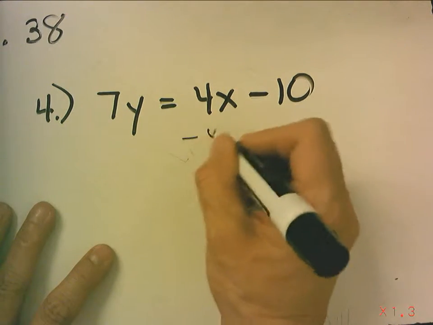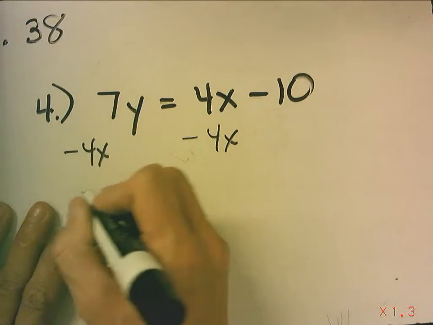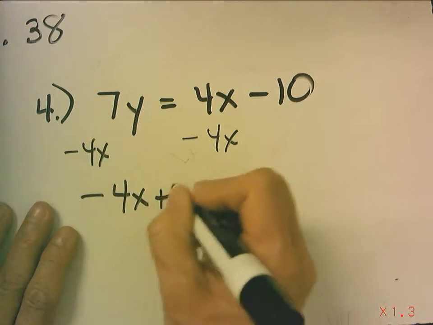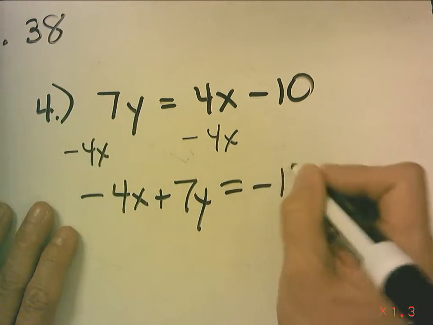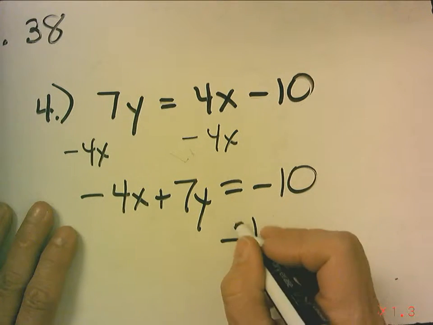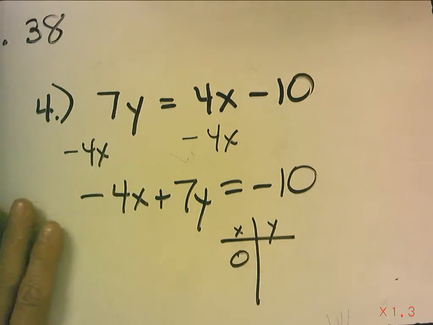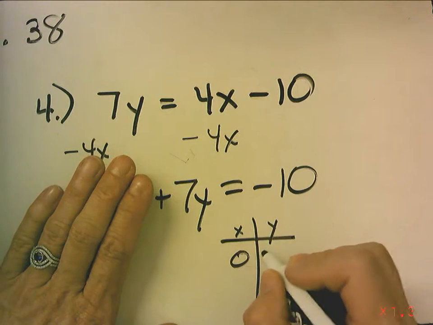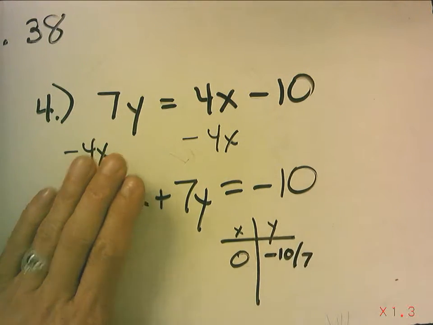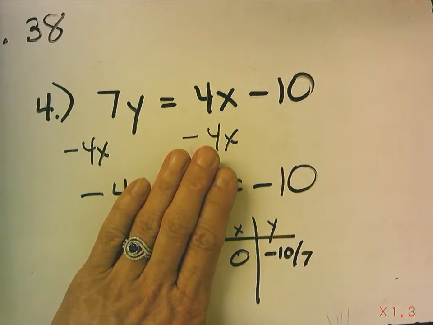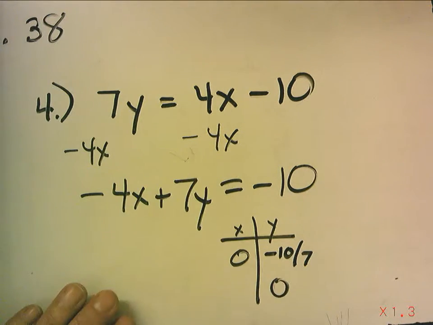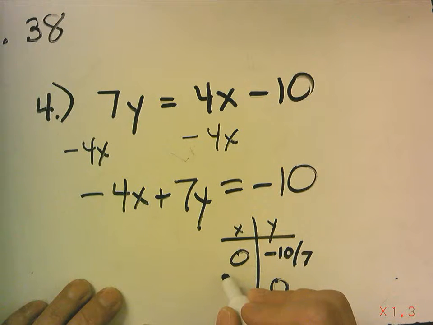So I'm going to subtract 4x from both sides. And now I'll apply the cover-up method. So if I let x equal 0, y equals negative 10 over 7, don't worry that it's an improper fraction. And if I let y equal 0, then x equals 10 over 4, or 5/2.